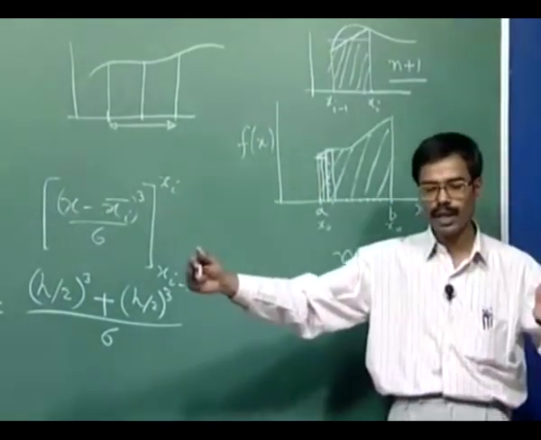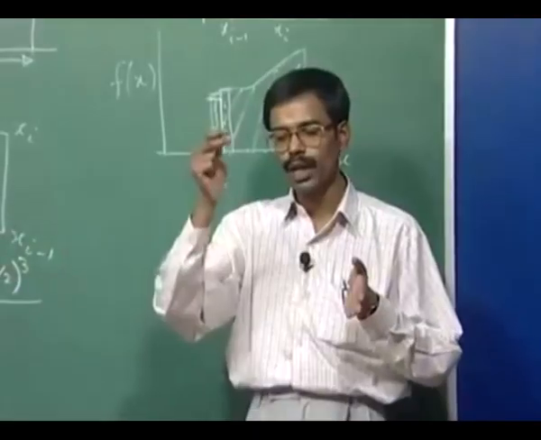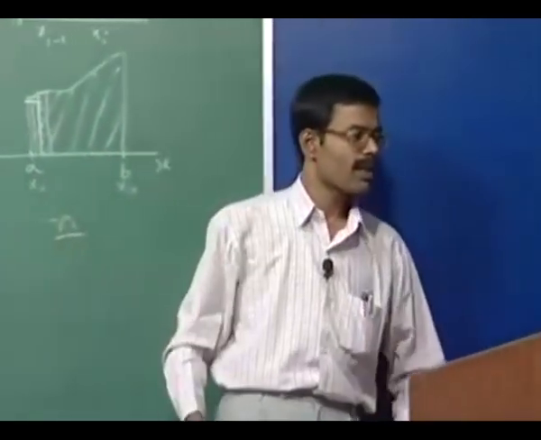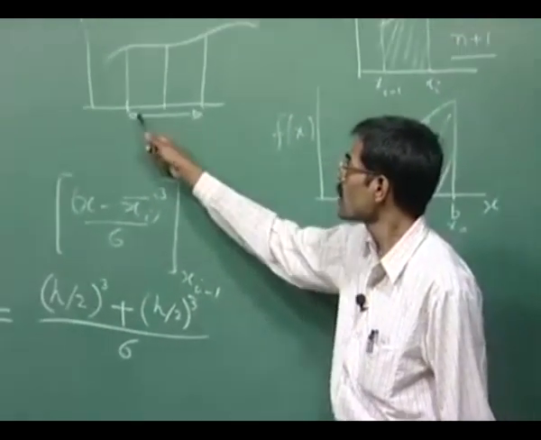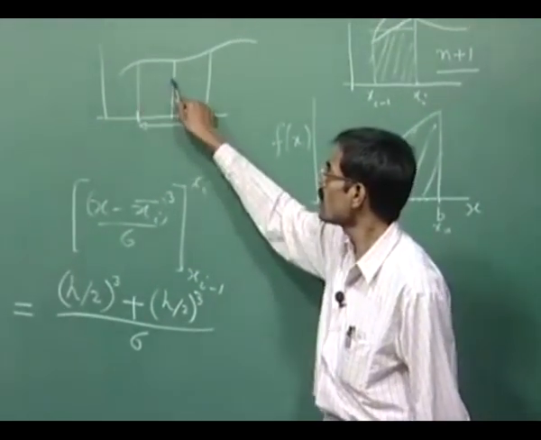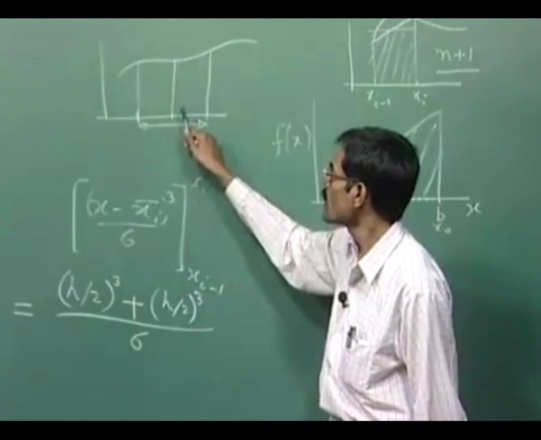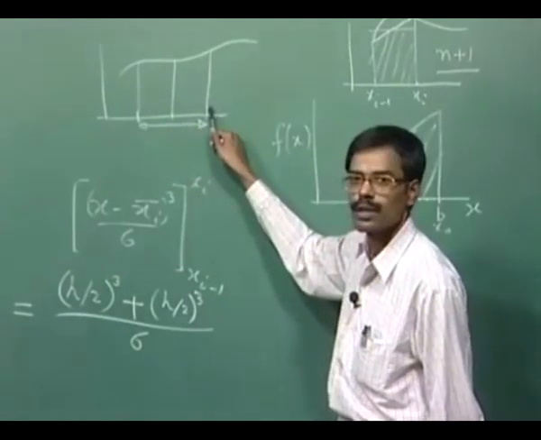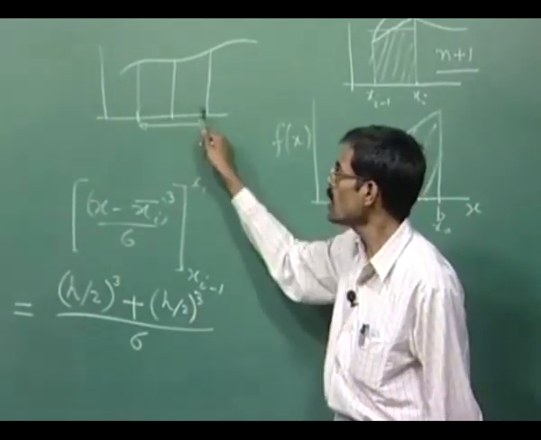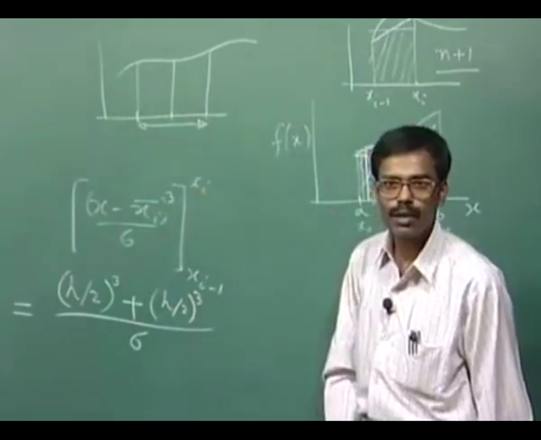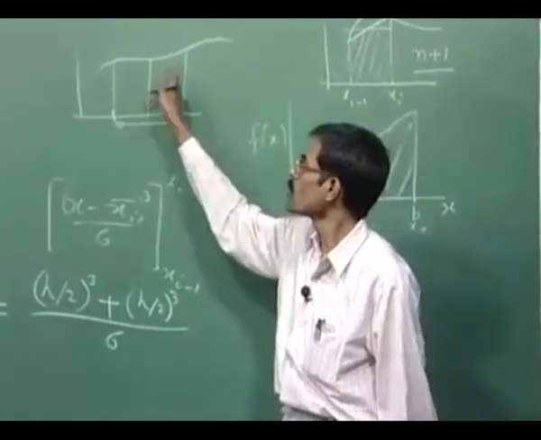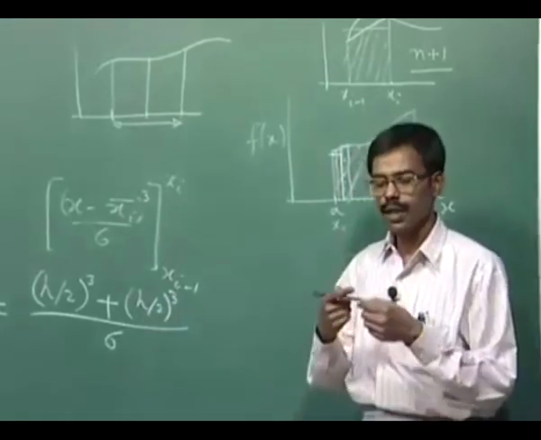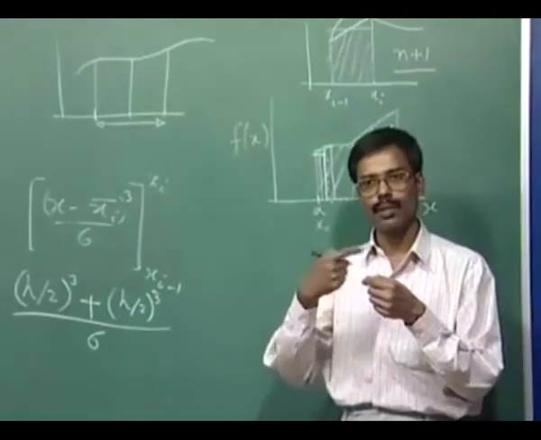So if we divide the entire domain from A to B into an even number of subintervals, then over every such pair of subintervals we evaluate the function at 3 points, one at this end, one at the midpoint, and one at this end, right. And then we say that through these 3 function values we can fit a quadratic model in this local neighborhood, and then consider the exact integration of that quadratic model function.